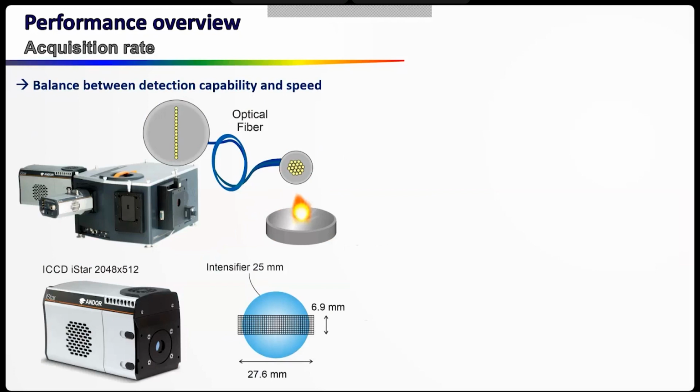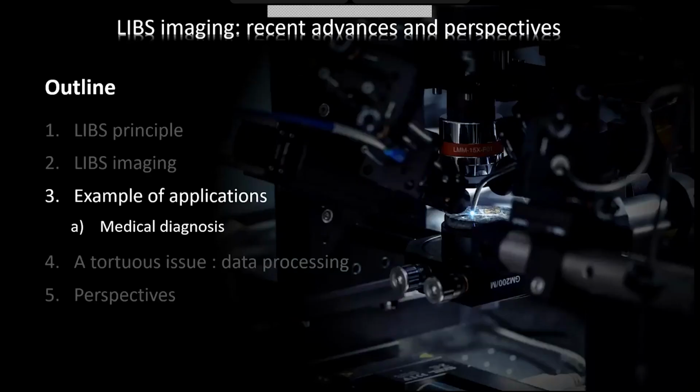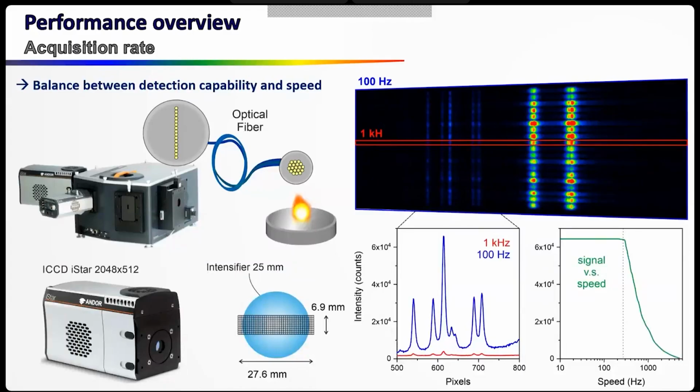So you can basically use a mode that is called a full vertical binning mode. It means that for each row here, all the charge is accumulated and read.